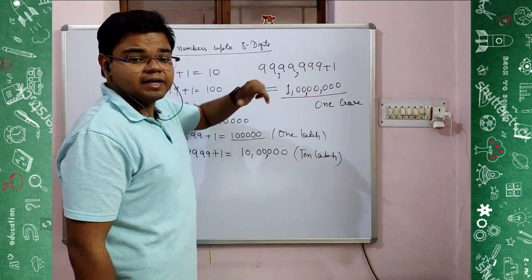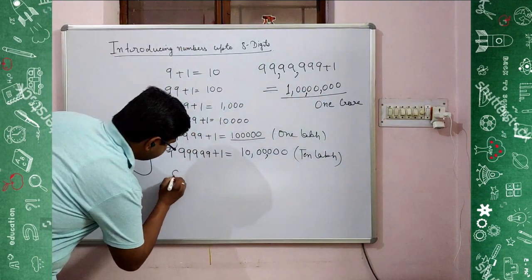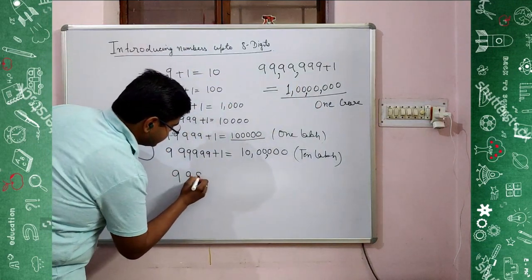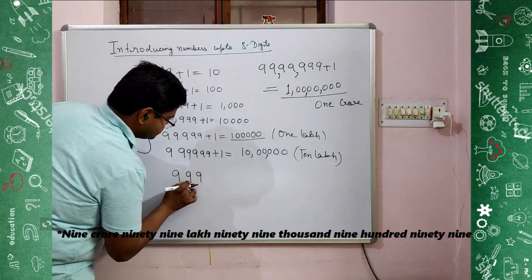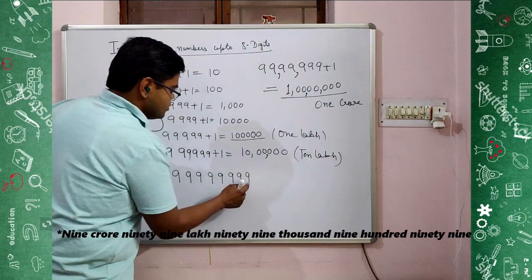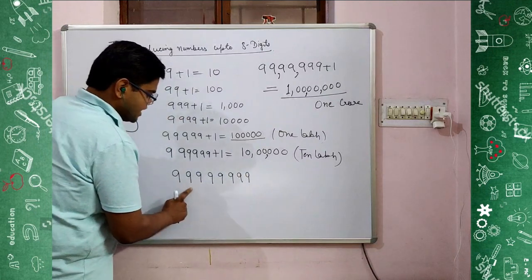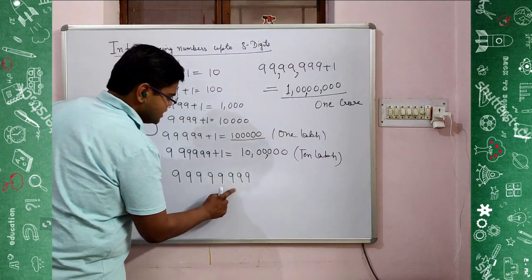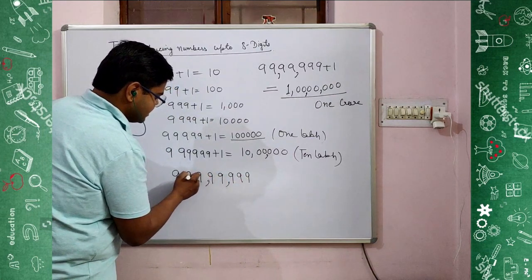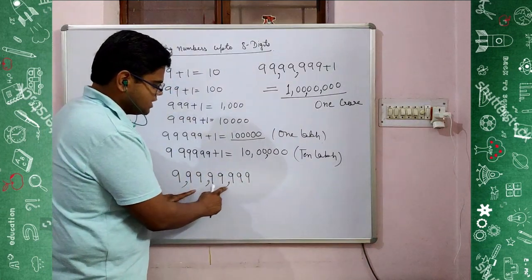Firstly, we'll find the greatest 8-digit number. That will be 9 crore, 99 lakh, 99,999.